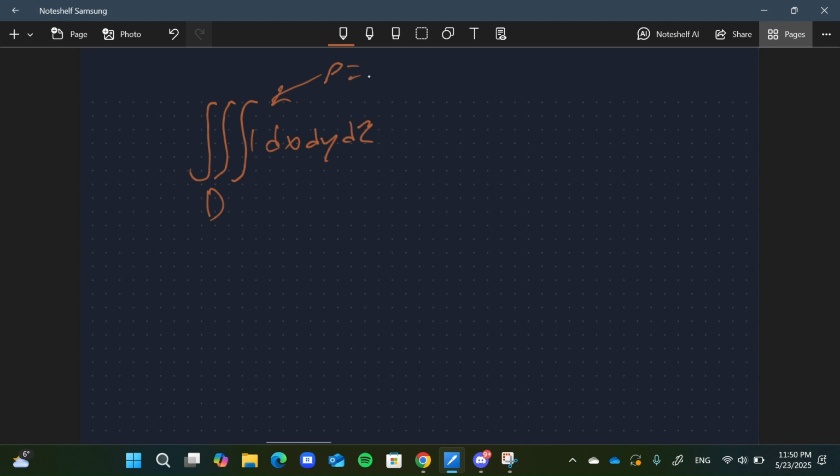I think it was 1.1, but whatever. And where D is given by x squared over 81 plus y squared over.